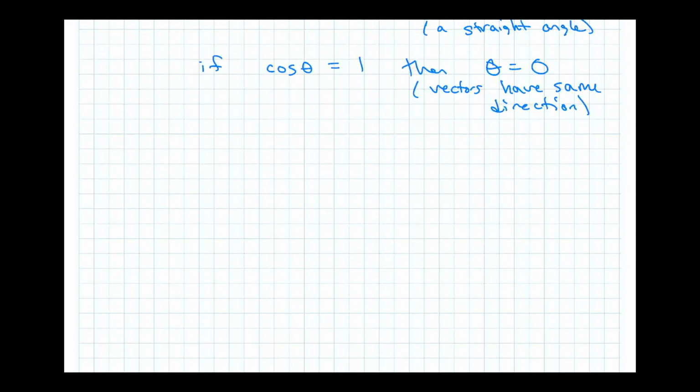Now I'm going to write this as a definition, because it's possibly your first exposure to this word. You know the word perpendicular, right? Right angles, but you may or may not know the word orthogonal, which means the same thing.